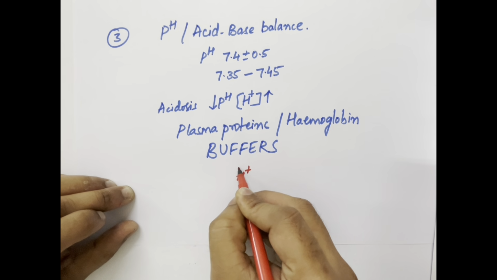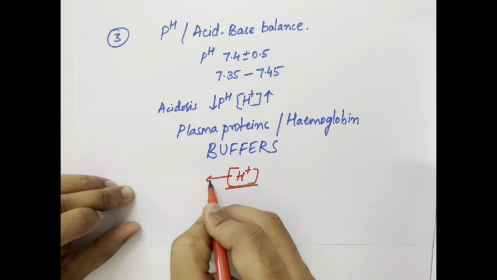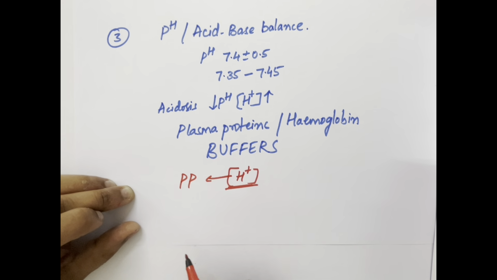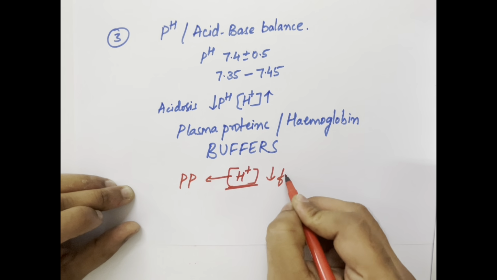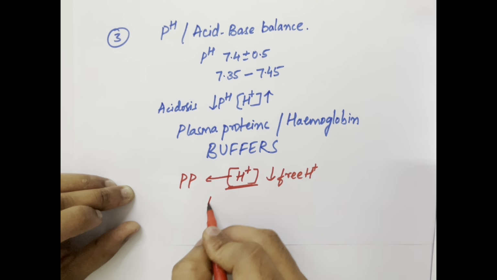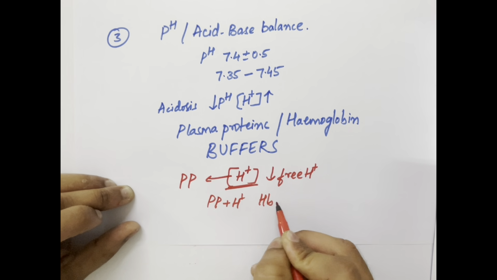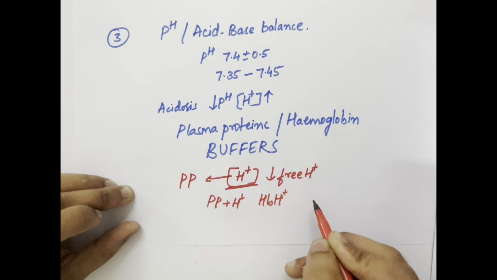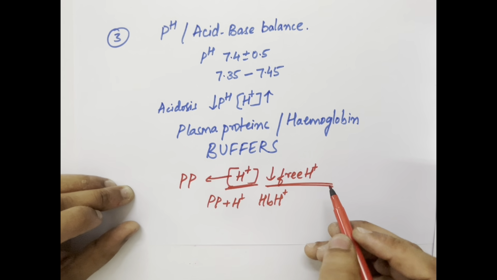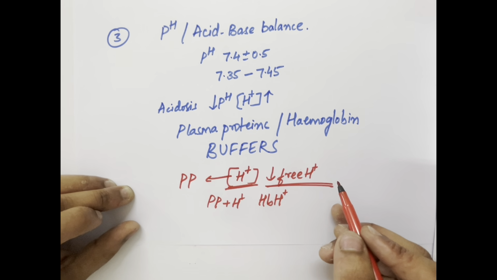Hydrogen ions present in the blood will bind to the plasma proteins, so there is a decrease in free hydrogen ions. Plasma protein or hemoglobin binding to hydrogen ions will decrease the free hydrogen ions. When there is a decrease in the free hydrogen ions, the alteration of pH is brought back to normal.